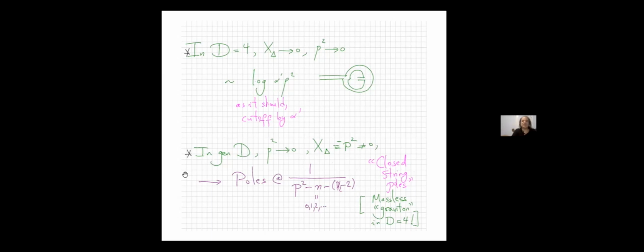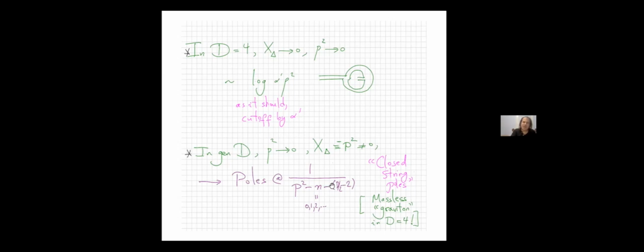In general dimensions, if instead you send p squared to 0 first, but you keep this x delta, this delta variable, remember, in this case the delta variable is supposed to look like the closed string. If I just set x delta to a constant, then remarkably, you find this expression has an infinite sequence of poles at p squared equals minus (n minus d/2) for n equals 0, 1, 2, 3, 4, etc. So this looks like an infinite sequence of quote unquote closed string poles that you would associate with this delta variable, not just the field theory limit, but a whole infinite sequence of poles.